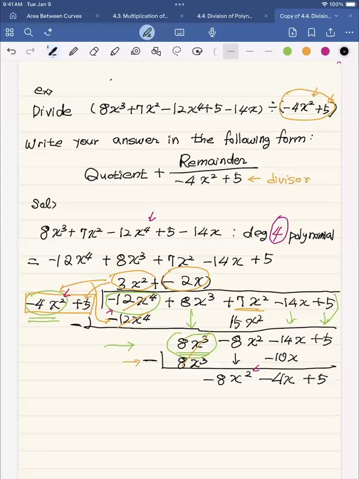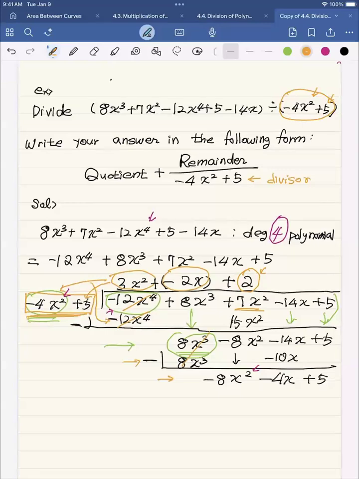So I would add 2 here, then I will focus on this number. We are moving on to this stage. We forget everything that happened previously. We solely focus on 2 times the divisor, negative 4x squared plus 5.